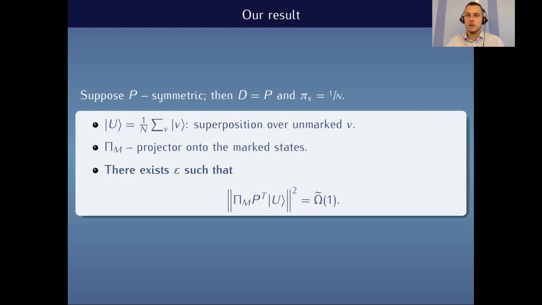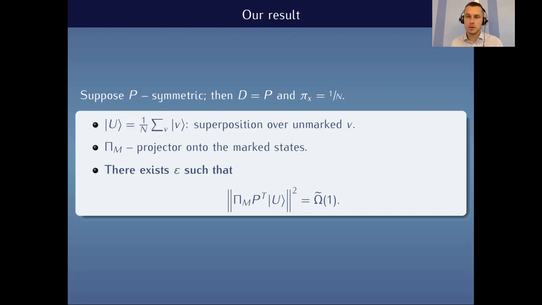And then we generate the uniform superposition of the unmarked vertices, and we intend to apply t steps of the random walk to this state and project it onto the marked states. And our claim is that for a suitable choice of an interpolation parameter, the resulting vector has large norm. And not only is the norm of this vector large, but it also has large overlap with the marked states.